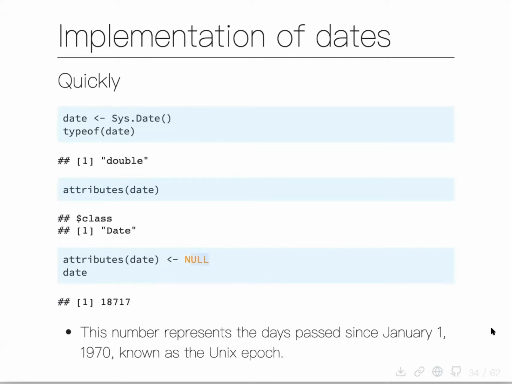So that's weird, but it's just a standard that people created a long time ago, and that's how dates work now. So if you had a date that was 1902 or whatever, it would just be a negative number, the number of days before January 1st, 1970.